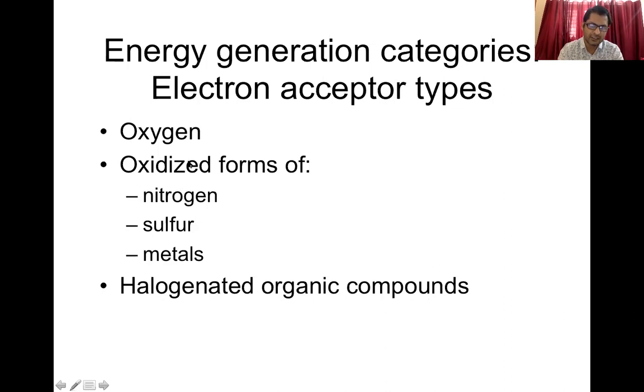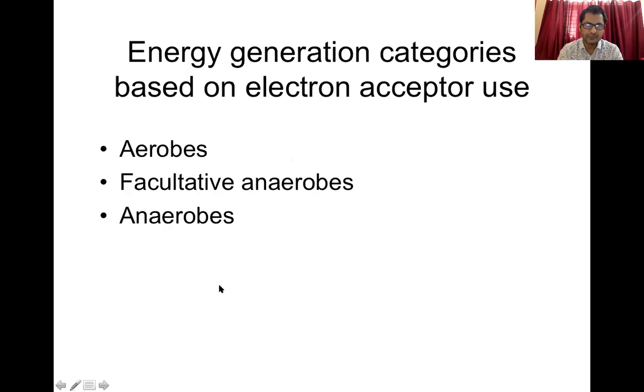These are the different electron acceptors which can be used. On this basis, we can divide them as aerobes, aerobic species which can only use oxygen as a terminal electron acceptor.